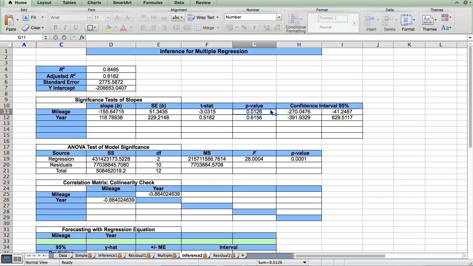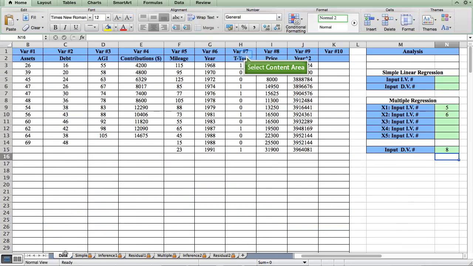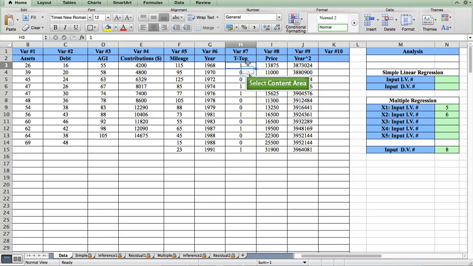But for now, let's leave mileage and year together and see if there's any change to those results by adding X3. This is our removable top, or T-top. And you can see that we've created an indicator variable, or what we sometimes call a binary variable. The ones are Corvettes that have that removable top, and the 0, of course, Corvettes that do not.